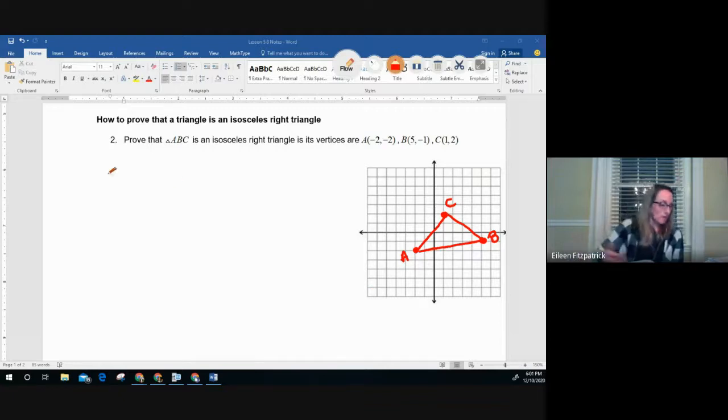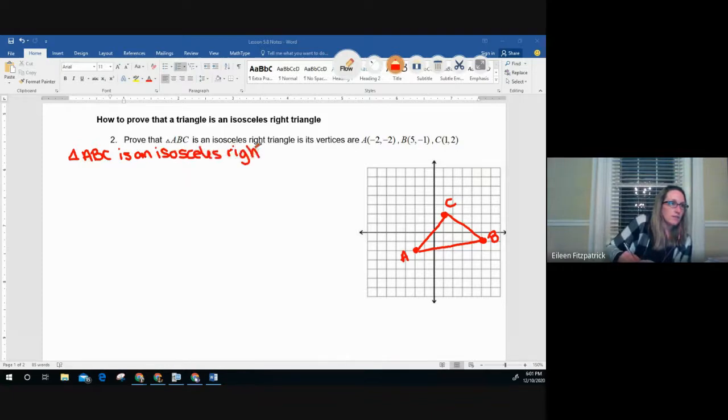So we're going to write: triangle ABC is an isosceles right triangle if it has one right angle and two sides congruent.